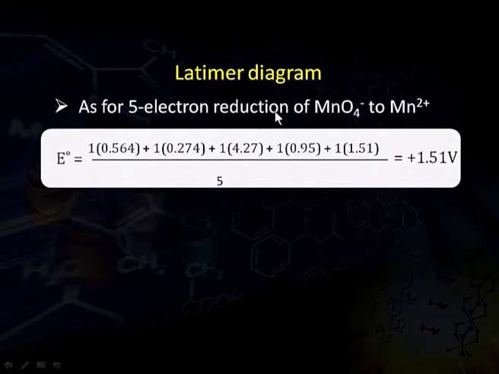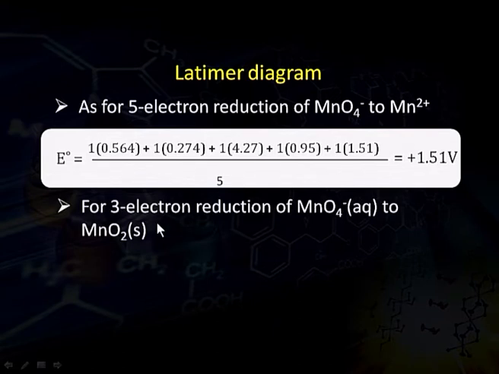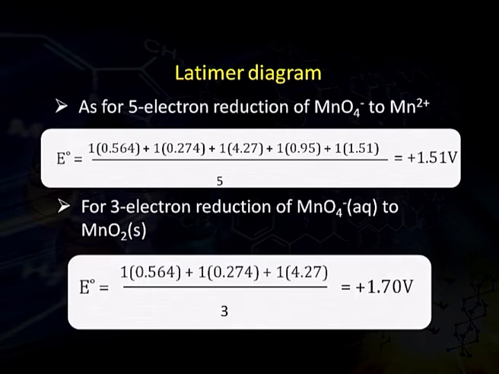So, for 5 electrons reduction from +7 to +2 state, the E naught has been estimated as 1.51 volts. Similarly, for 3 electron reduction from MnO4 minus to MnO2, the value has been estimated as 1.70. This 5 and 3 is representing the number of electrons involved in the change of oxidation state.